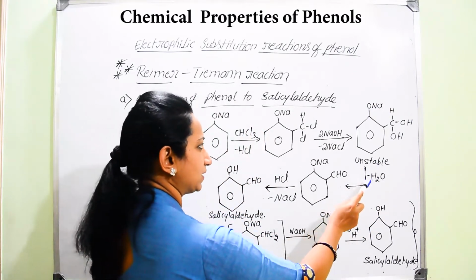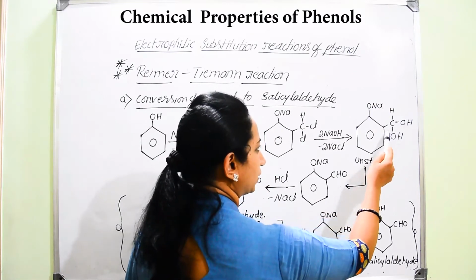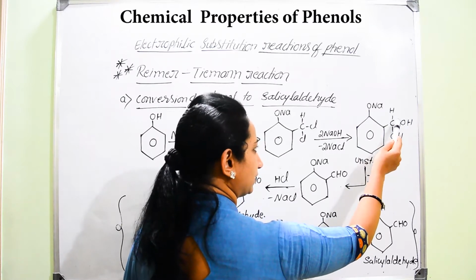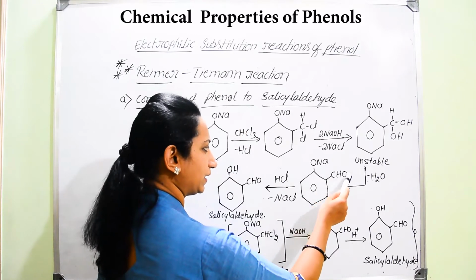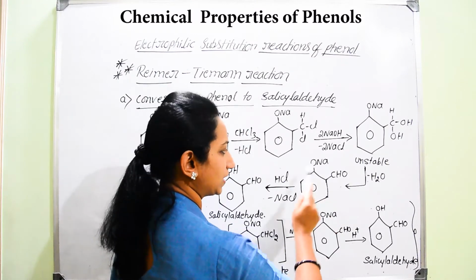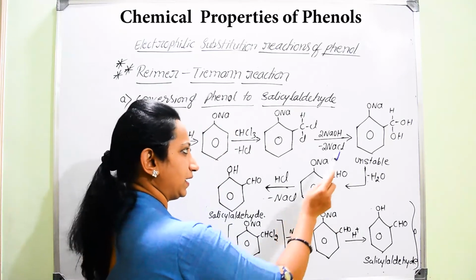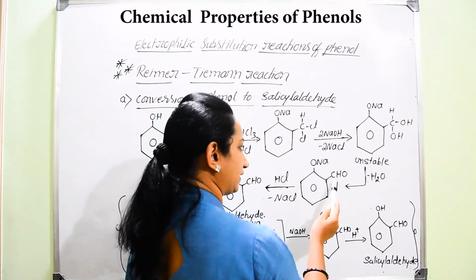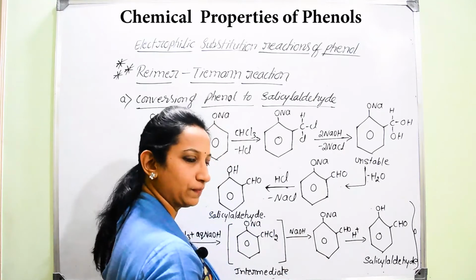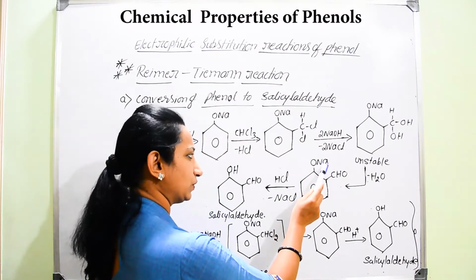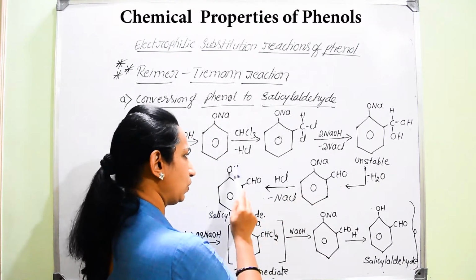Once there is removal of H and OH here, what is left over? Oxygen is left over. Hence you get the resultant functional group, CHO. So at the ortho position you get the formation of the CHO group. Then we need to remove this Na to convert it into an OH group.